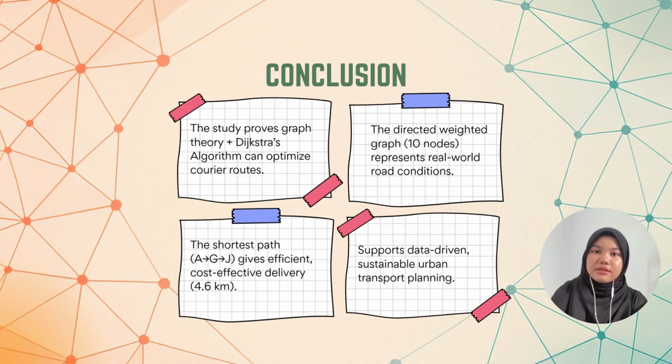The shortest path, A to checkpoint G, and lastly to J, is 4.6 kilometers, demonstrating a cost-effective, fuel-efficient, and accurate route plan. So, this approach can be extended to larger logistics systems or city-scale planning, supporting Malaysia's move towards smart and sustainable urban mobility. Thank you.